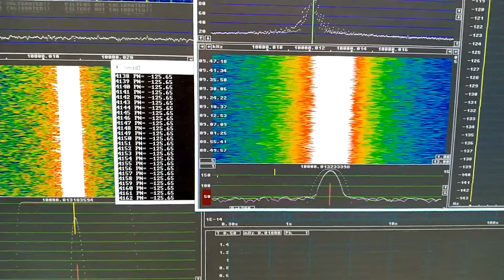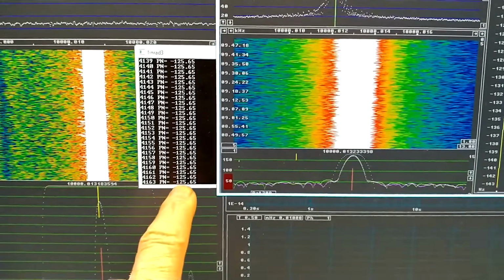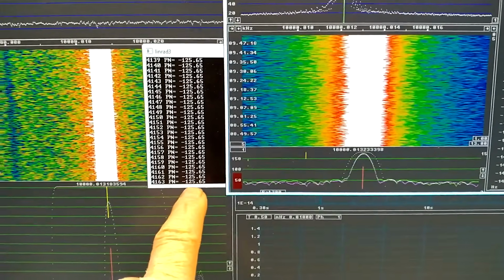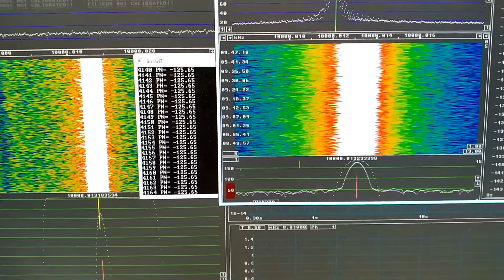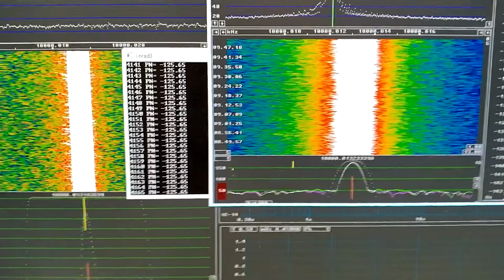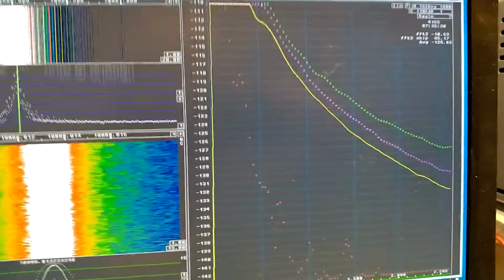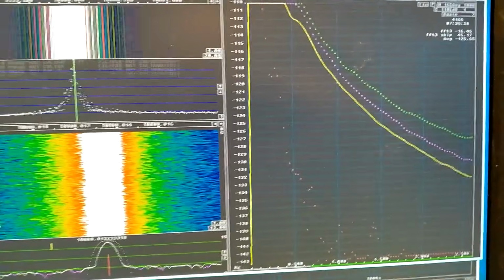Now my oscillator has returned to its noisy state again, with an average noise at minus 125. That's what I had before I made this experiment, running it at high power. And the phase noise is only minus 120.